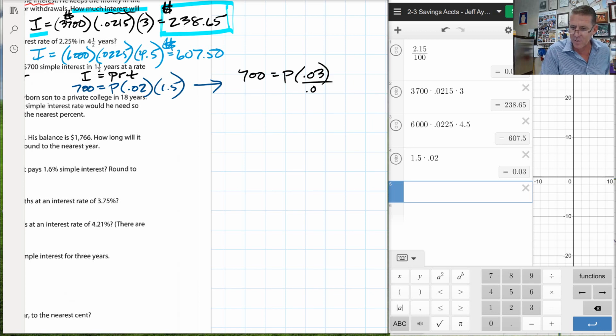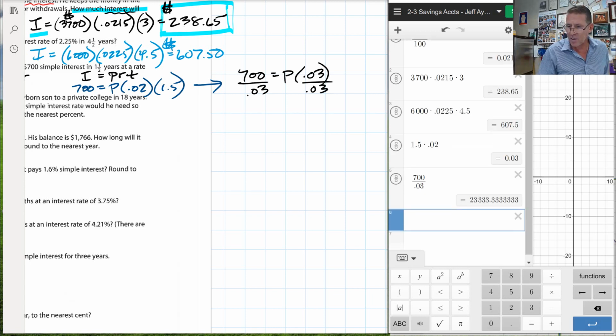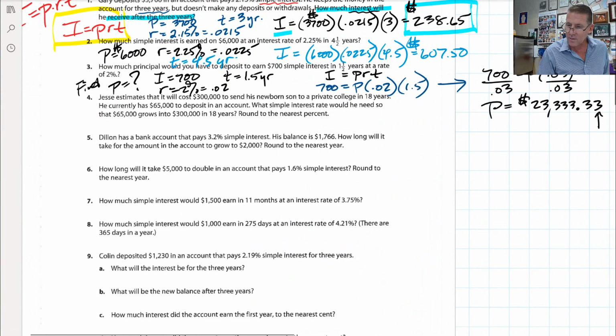Divide by 0.03 to solve for P. So you just take 700 and divide it by your decimal, and you get, whoa, look at this, 23,333.33. And by the way, always round your money to the nearest penny, which is the nearest hundredth. So $23,333.33. Okay, so yeah, there we go. So that's number 3.